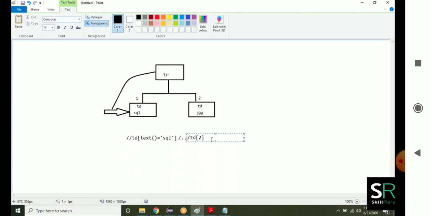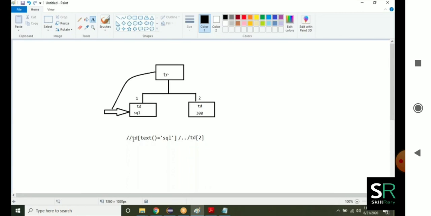I will repeat this. Very, very important. First you have to write the XPath for this SQL. From here, you should move to this TR, the common parent. TR is the parent for SQL and also for this price 300.